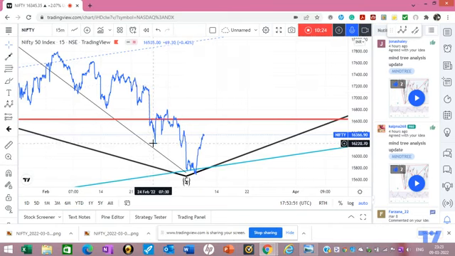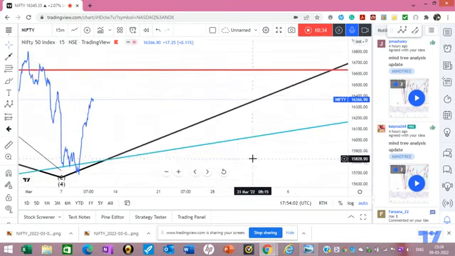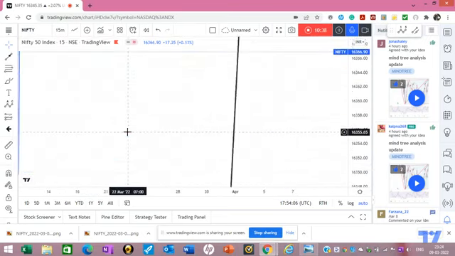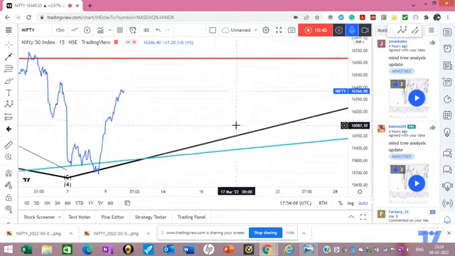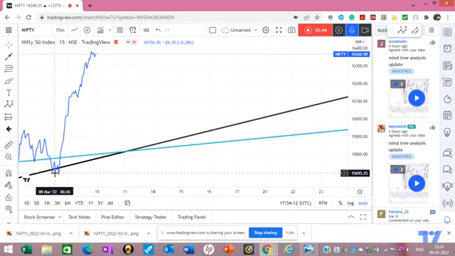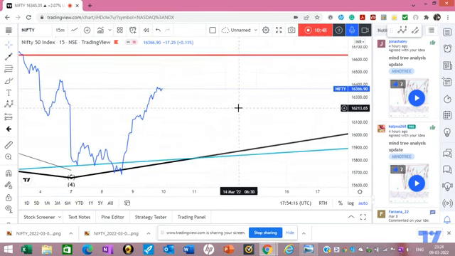This was wave 3. This was wave 4, A, B, and C. Then 1, 2, 3, 4, and 5. This was the last wave, and from here onwards, this is today's price action. So, what to expect tomorrow?